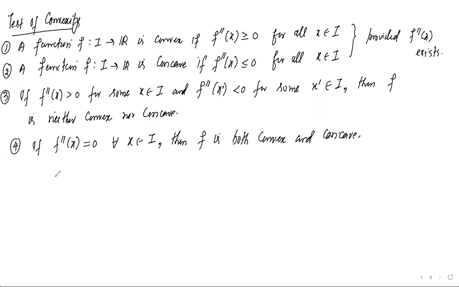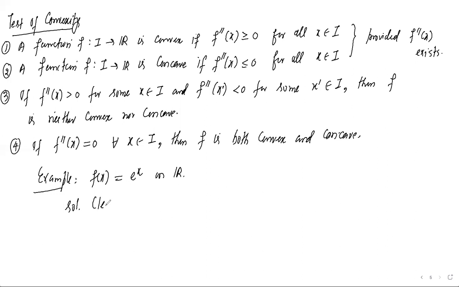Now let's take some examples. Let's take the function f of x is equal to e power x on R. Then let's see whether this is a convex function or a concave function.